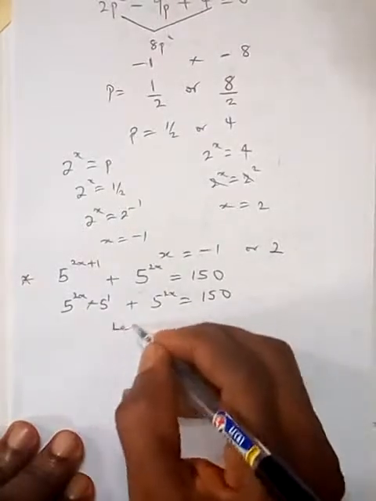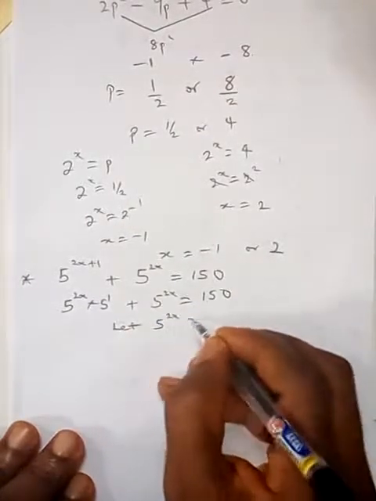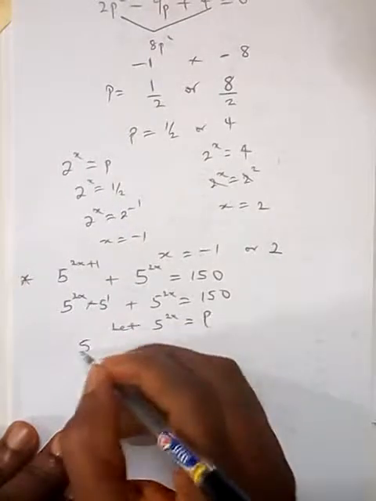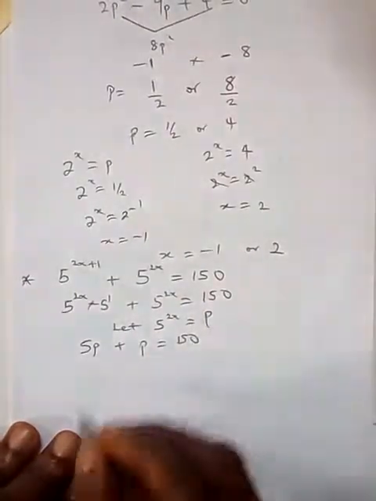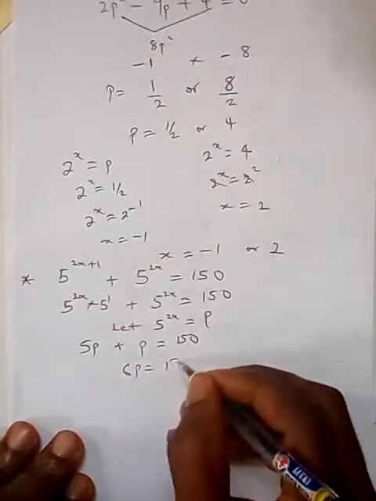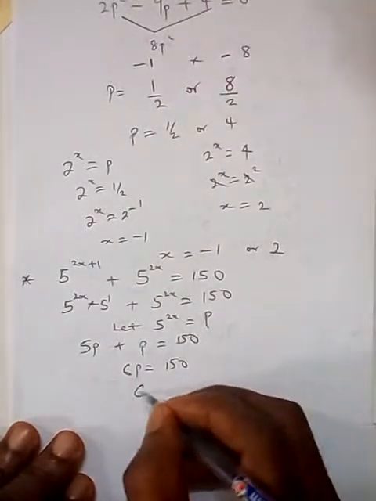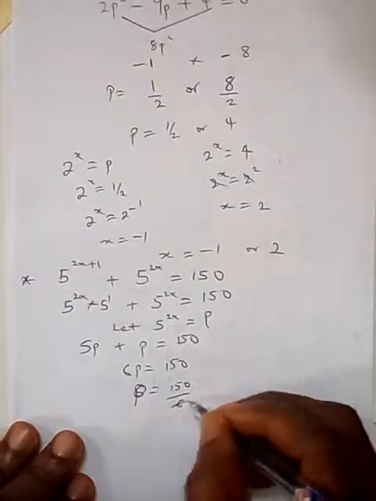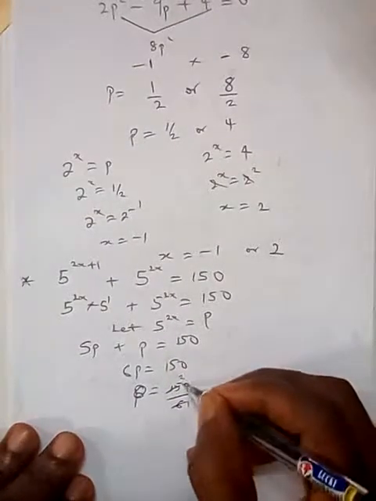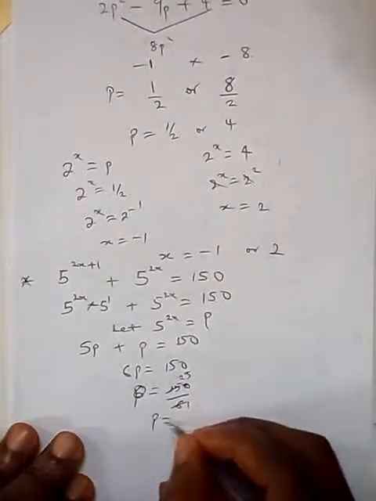So we can say let 5 raised to power 2s be equal to p. So this is 5p plus p is equal to 150. Okay, this is 6p is equal to 150, meaning that p is 150 over 6. p is 25.